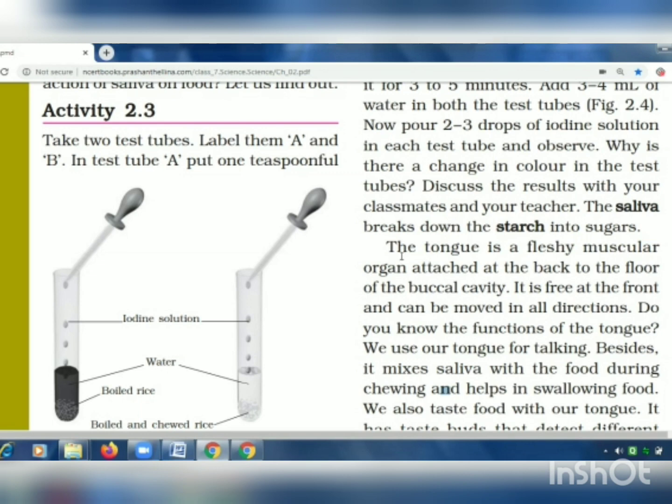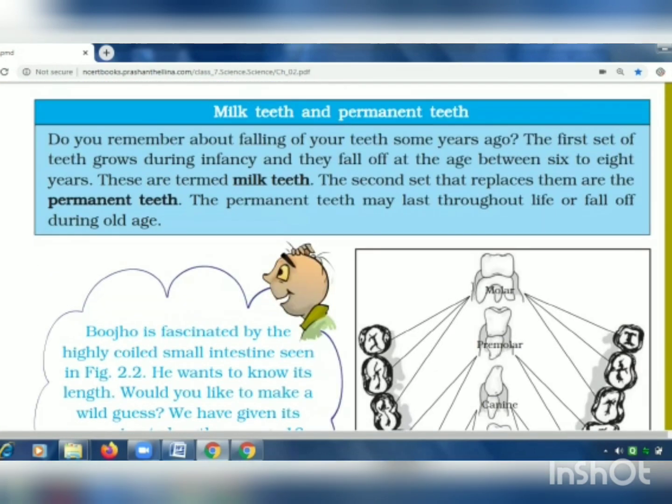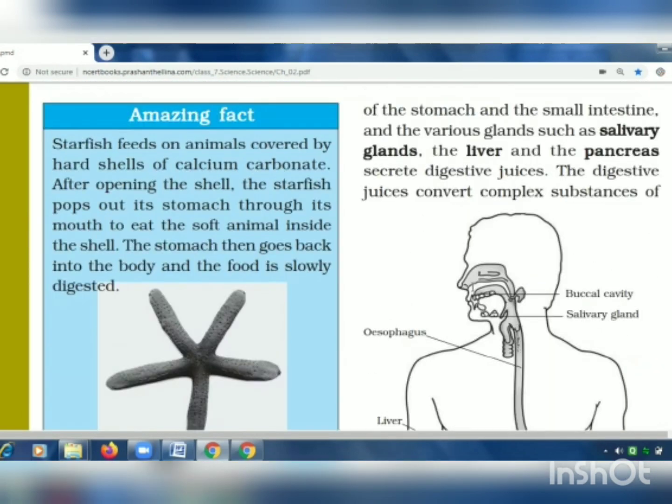So now we'll discuss the function of the tongue. The tongue is a fleshy muscular organ attached at the back to the floor of the buccal cavity. We saw in the picture what the buccal cavity is.